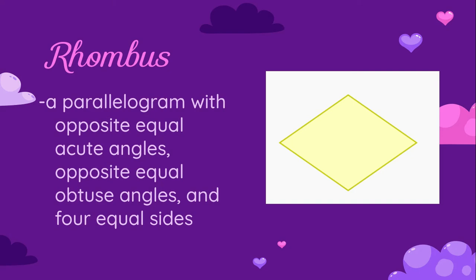We all know that a rectangle has two pairs of opposite sides, and not all of the sides are congruent, because only two pairs of opposite sides are congruent, so it is not a rhombus. So once again, a rhombus is always a parallelogram, and a parallelogram is not always a rhombus.